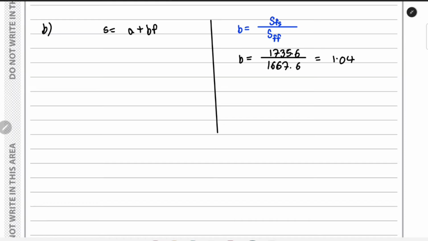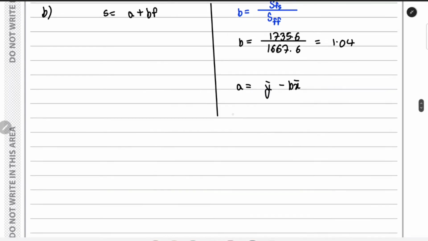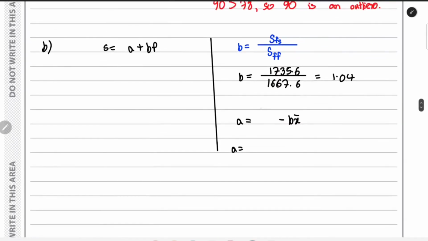Now the value of a is y bar minus b x bar. So instead of y bar we'll have s bar and b f bar.